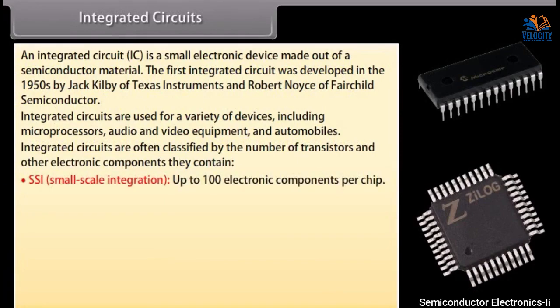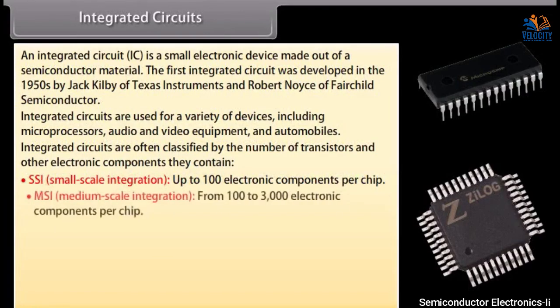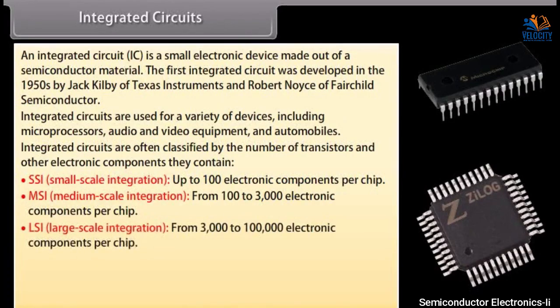SSI, Small Scale Integration, up to 100 electronic components per chip. MSI, Medium Scale Integration, from 100 to 3000 electronic components per chip. LSI, Large Scale Integration, from 3000 to 1 lakh electronic components per chip.